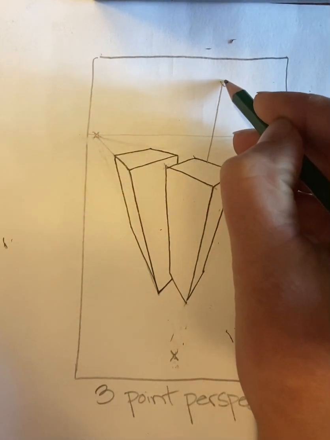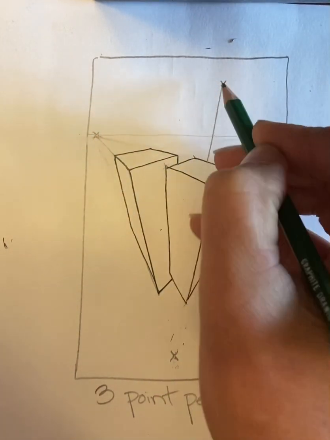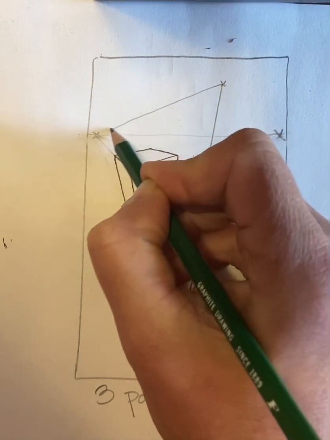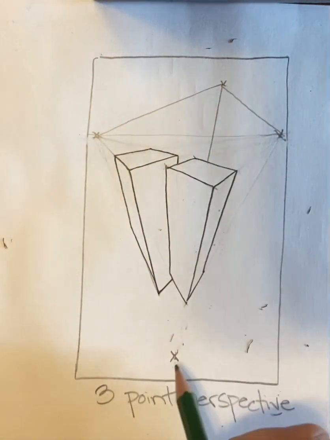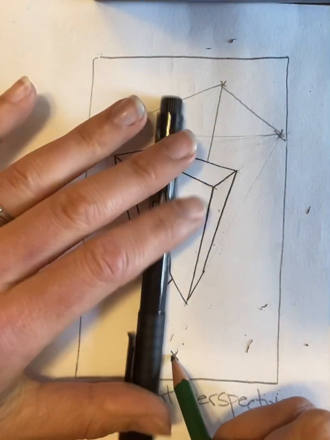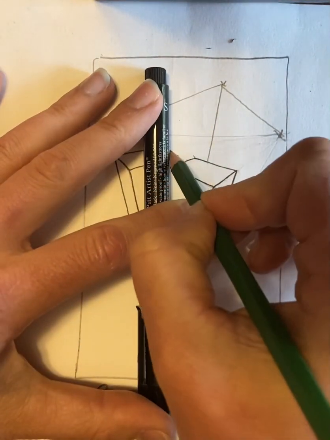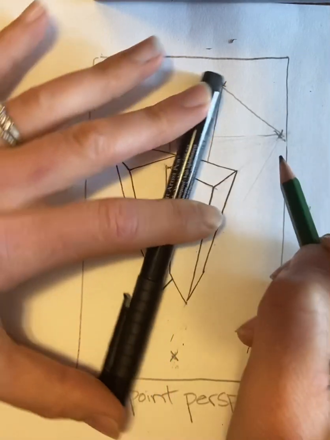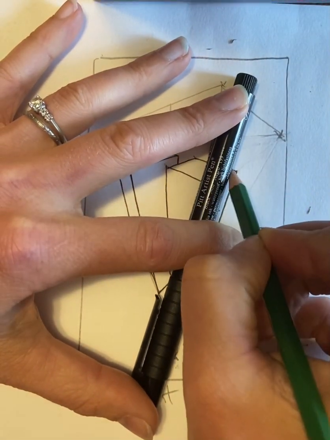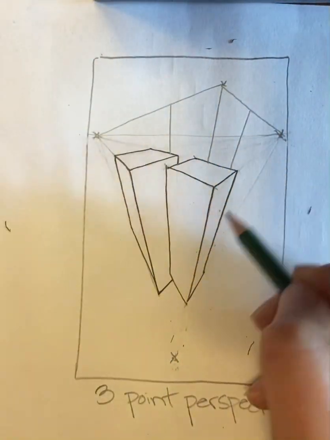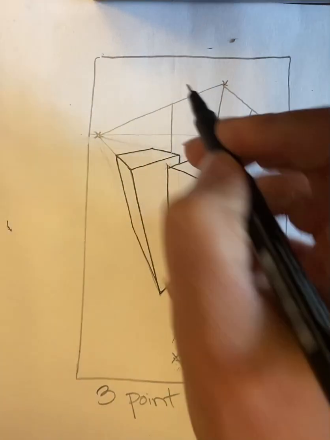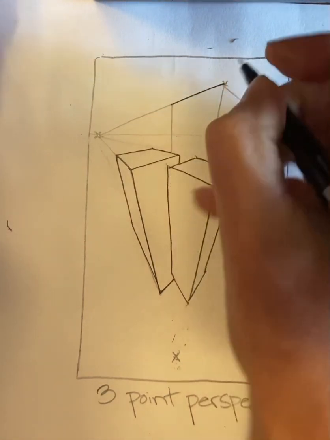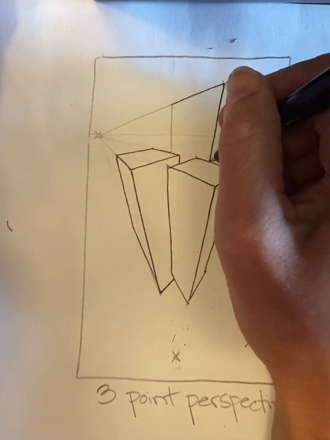So I'm going to go from this top point to this vanishing point and this vanishing point. When I cut off the sides, it's going to go to this orthogonal line. Just like that. And I don't see the bottom of the building, so that is all you would have to draw. So sticking a building behind is actually pretty simple.